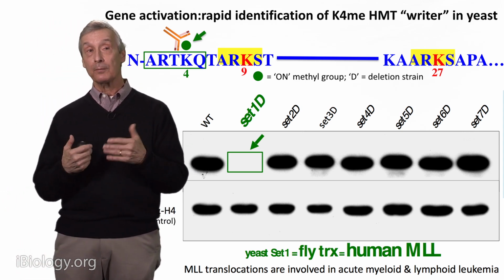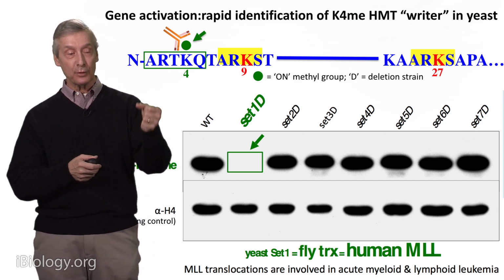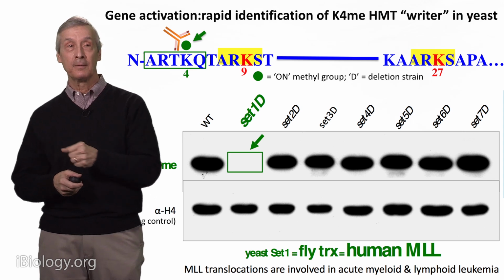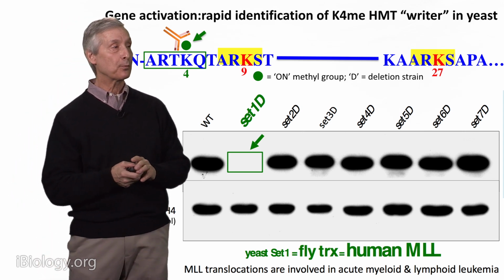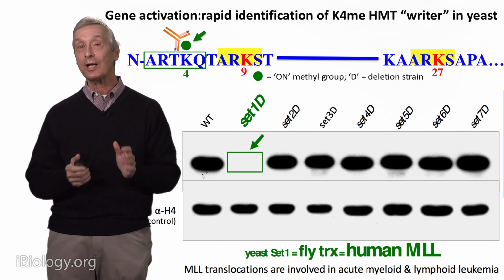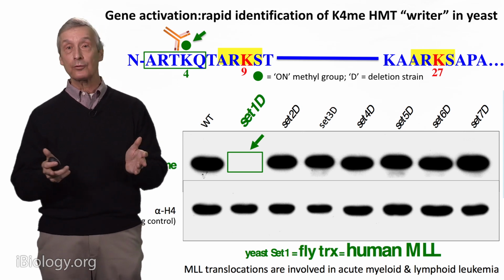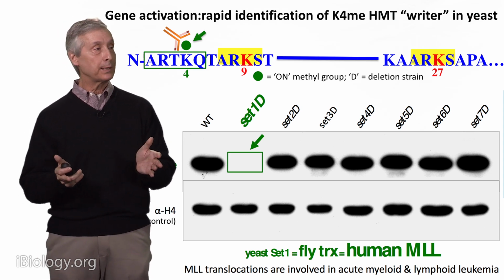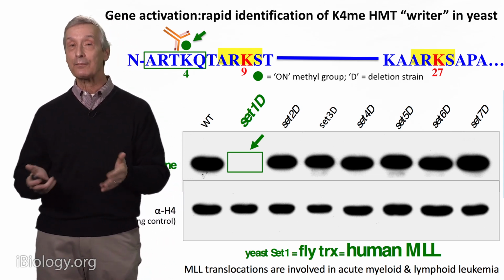Not all of them will kill the organism, so you can get viable yeast strains that have knocked out individual genes. All you need to know for this experiment is that the methyltransferases, the writers that add methyl marks, all have a domain called a set domain. That's too much detail. But once the yeast genome was sequenced, we could ask how many set domains there are in yeast, and the answer was 7.